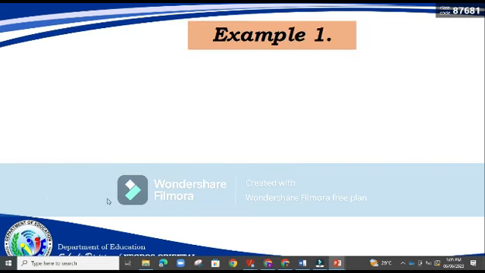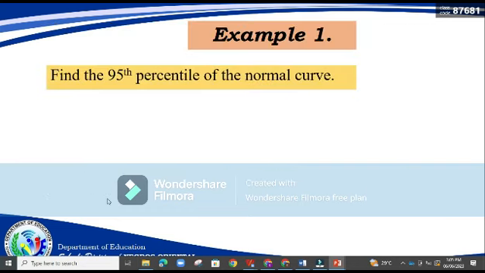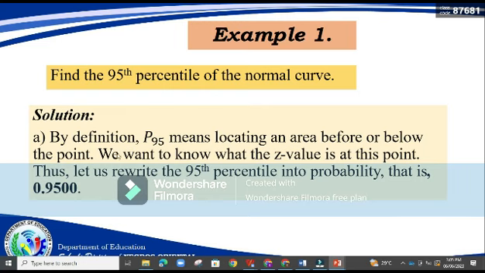Okay, let's start with example 1. Find the 95th percentile of the normal curve. Okay, now the solution. By definition, percentile 95 or 95th percentile means locating an area before or below the point. You want to know what the z value is at this point.